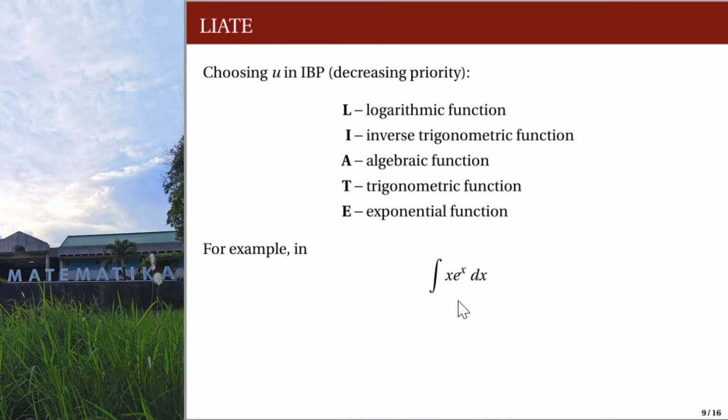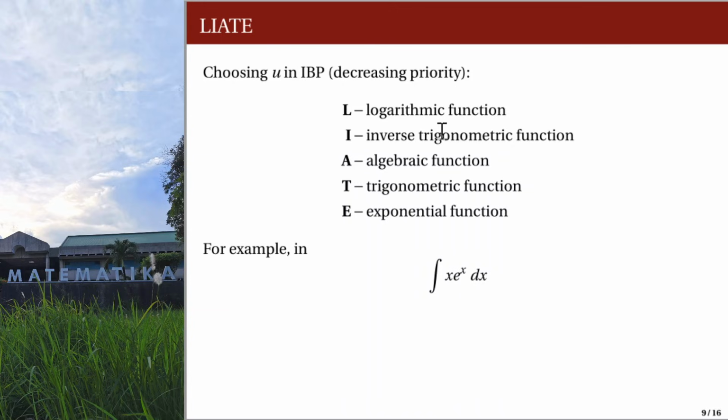So, in this product, we have x times e to the x. Ang x is what type of function? It is an algebraic function. Okay? Kasi x to the 1. Ang e to the x naman ay exponential function.